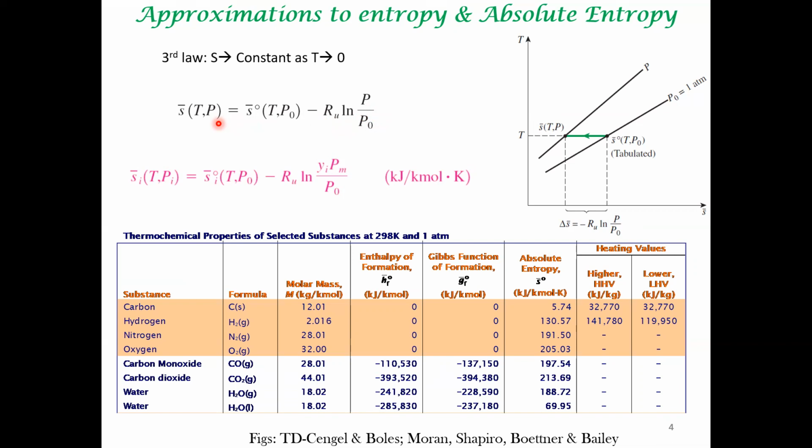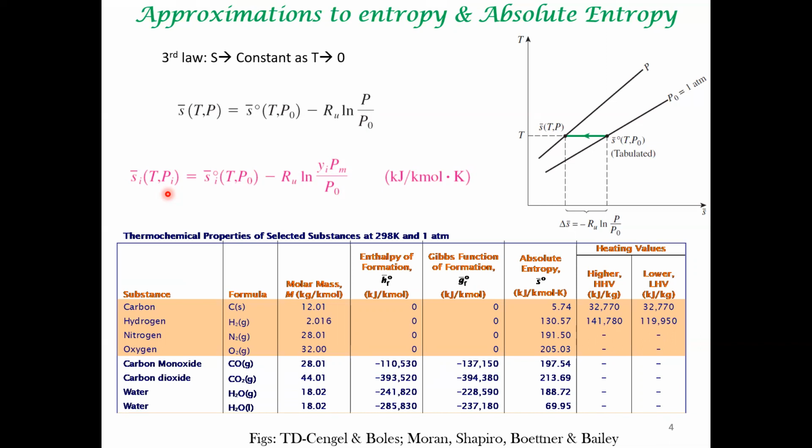However, a similar approximation can be utilized for a multi-component system also. You use the partial pressure P_i, and if you know the mole fraction of the particular component i, from the total pressure you can get the relevant partial pressure.